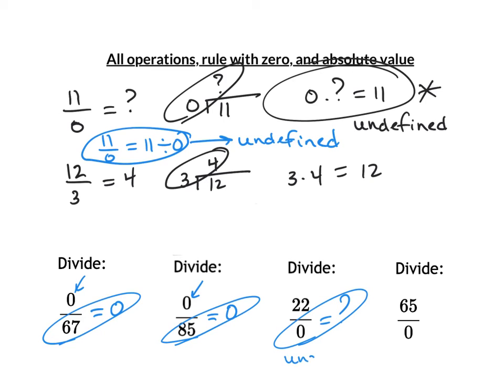There's no answer to this. Undefined. When we work in WAMAP, they have us write DNE for does not exist, but the mathematical answer is undefined. 65 divided by 0 is again undefined. There is no answer that I could multiply by 0 that would give me 65.